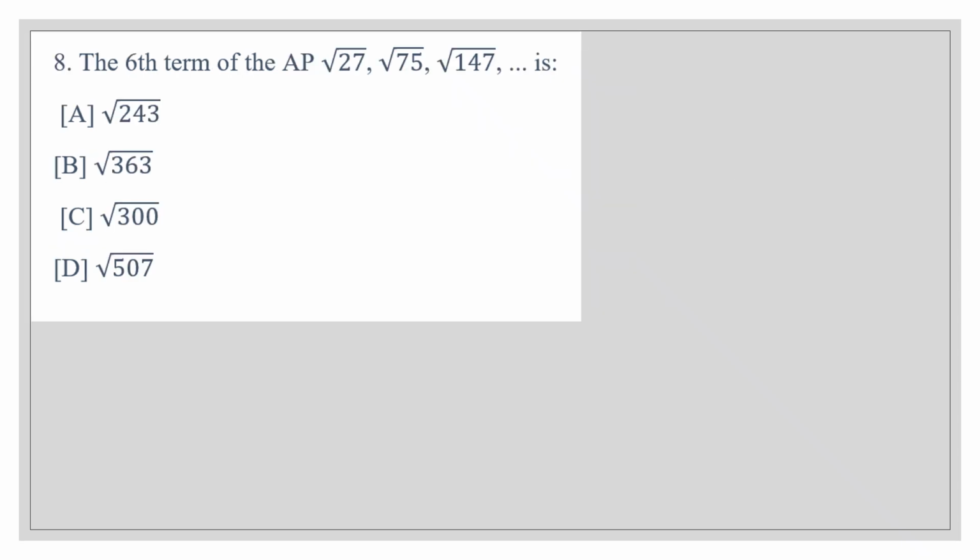Question number 8, the sixth term of the AP. So how can we write 27? 3 root 3. For 75, if you don't know, do the prime factorization: 5, 15, 5, 5, 3, 3, 1. So this one is 5 root 3. Since it is in AP, I am not solving for root 147.